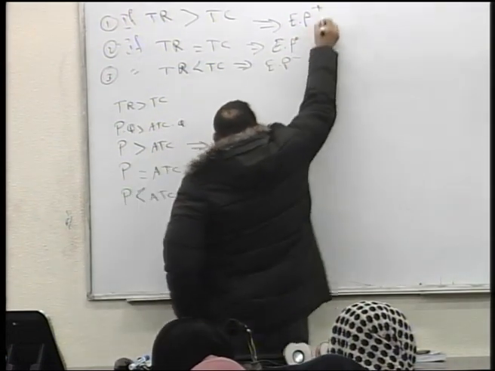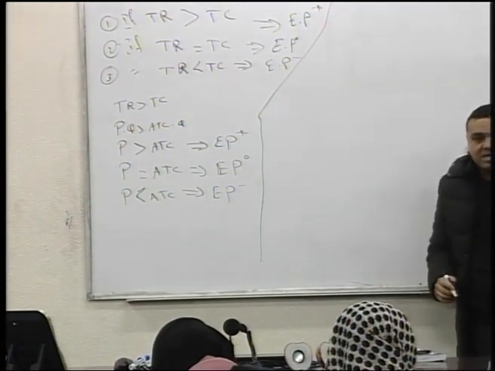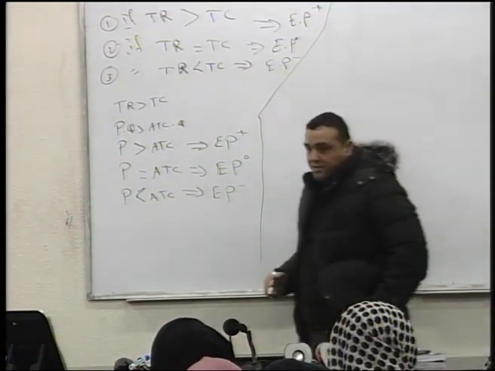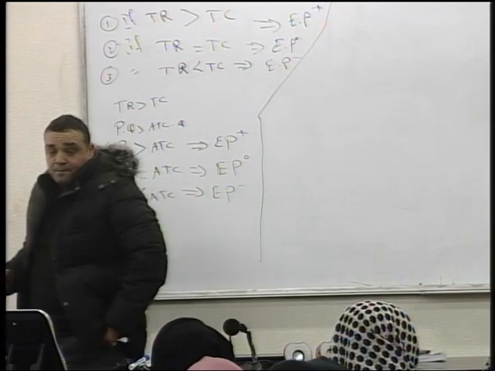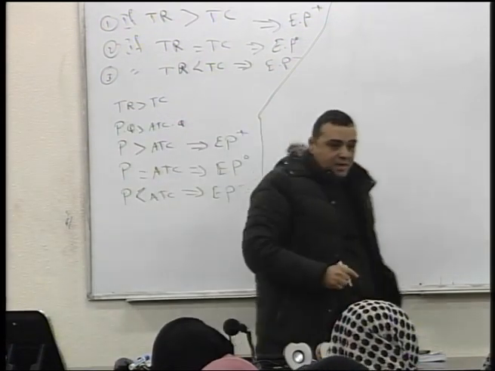To determine the shutdown point, we said we have to study the relationship between total revenue and TVC, and then derive the relationship between the price and average variable cost.